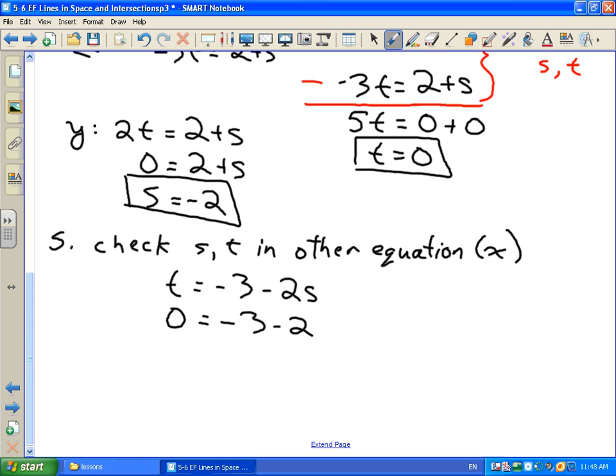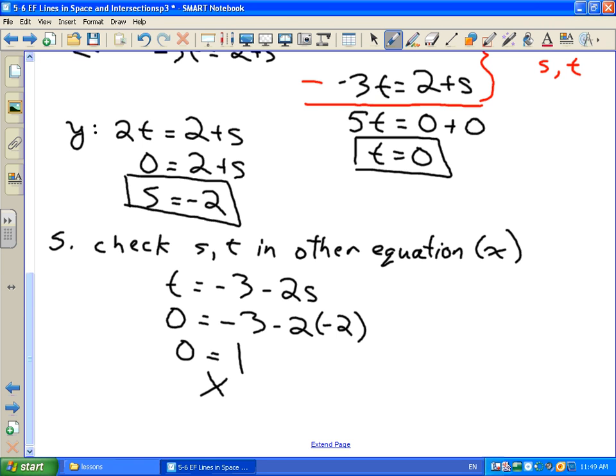Negative 3 minus 2s. Okay. And our s value was negative 2. So we have 0 on the left side and negative 3 plus 4, 1 on the right-hand side. So 0 equals 1, which is bad when you get something like that.